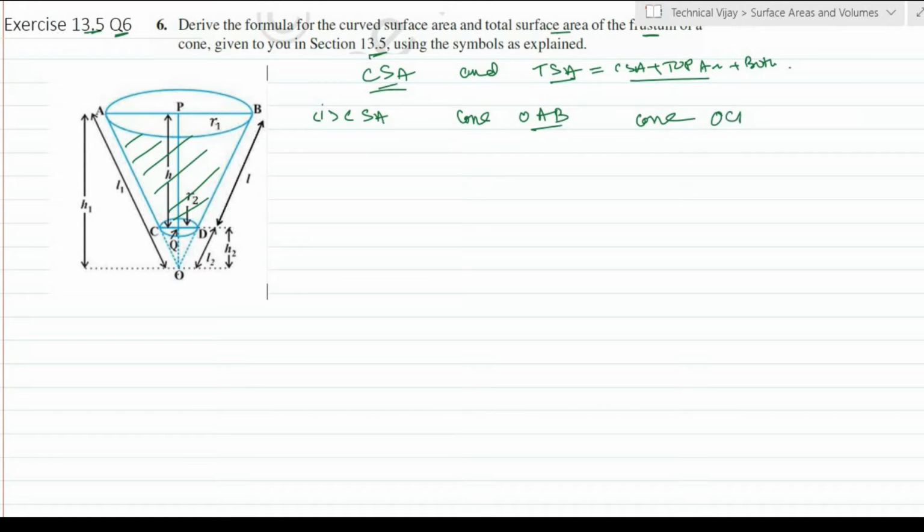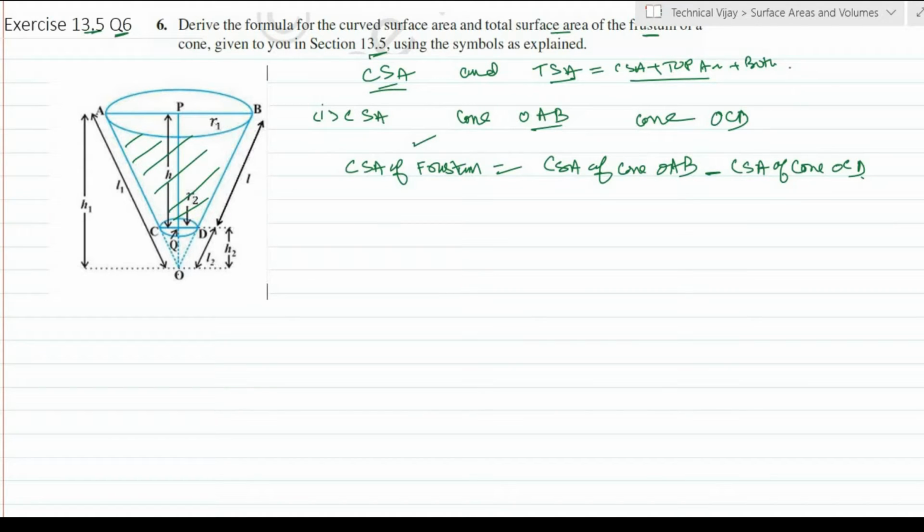So the curved surface area of the frustum is equal to the CSA of cone OAB, the full cone, minus the curved surface area of the smaller cone OCD. So this you understood.